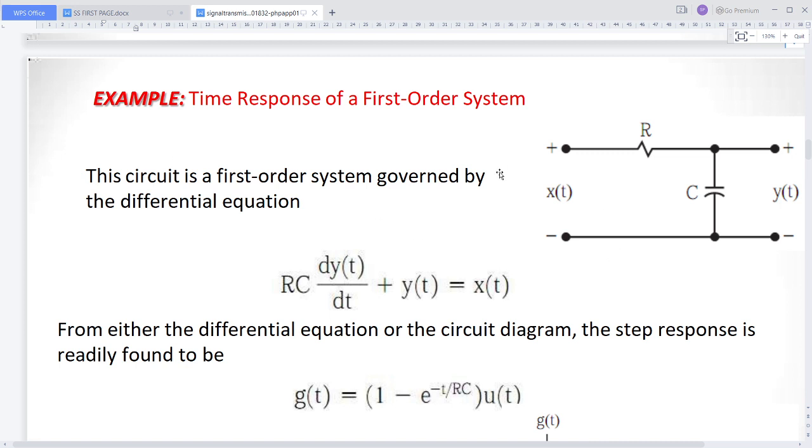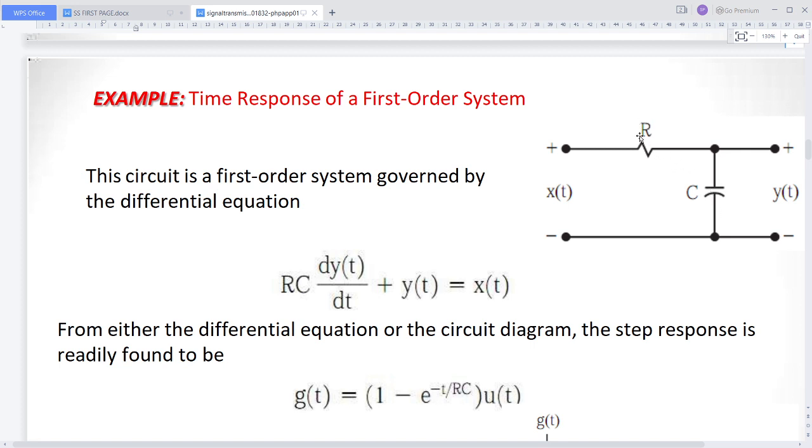Now you can go with one RC circuit. Here this is R, and R is nothing but a resistor. A resistor is a passive component which opposes the flow of current, whereas C is a passive element, a capacitor, which stores the energy in the form of voltage y of t, to which we have been applying x of t. x of t may be any continuous time signal, that is, an analog signal, so that this continuous time signal is applied to the RC circuit, that is a first order RC system.